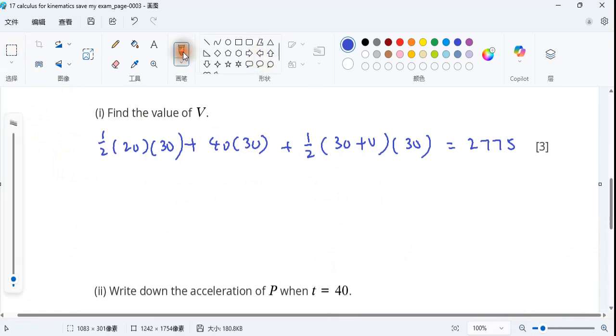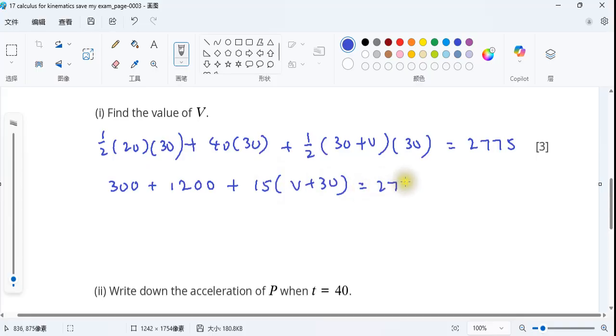Over here, we will have 300 plus 1200 plus 15 times v plus 30 equals 2775.